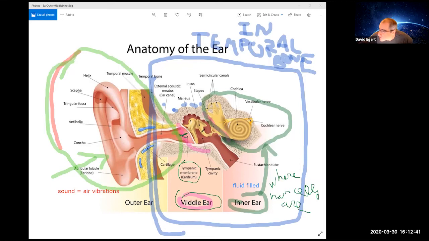And then there are these three little bones, the malleus, the incus, and the stapes, also known as the hammer, the anvil, and the stirrup. Stirrup because it actually looks like a little stirrup. And then there's this little membrane right here that the stirrup grabs onto that is going to put the vibrations into the inner ear. It's where you have the oval window.